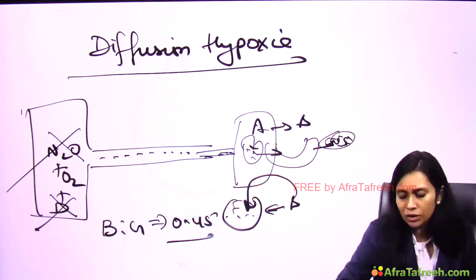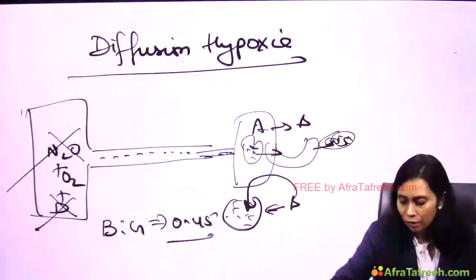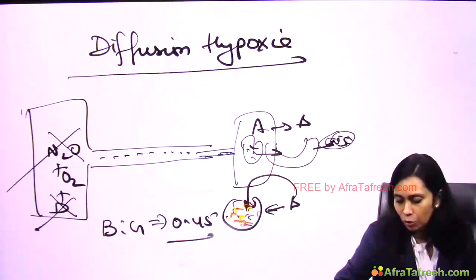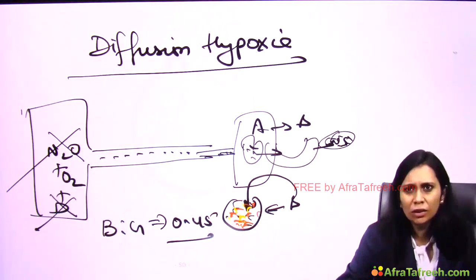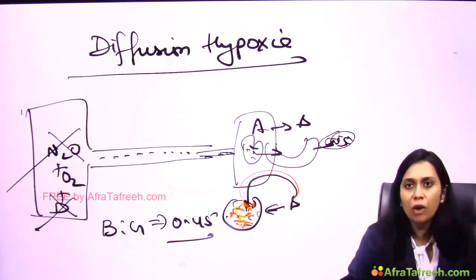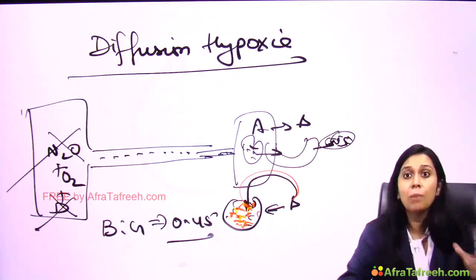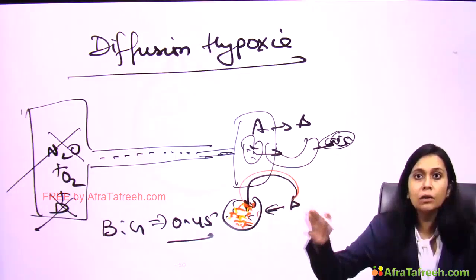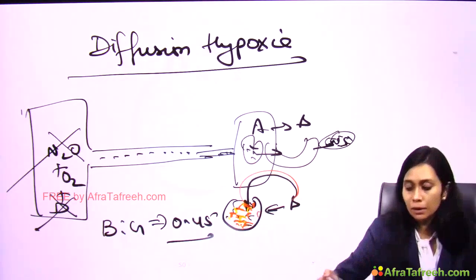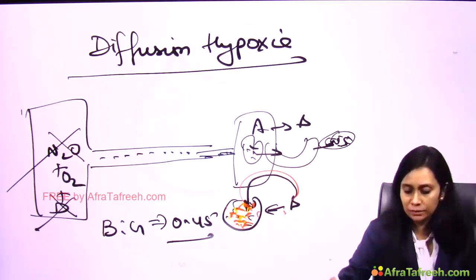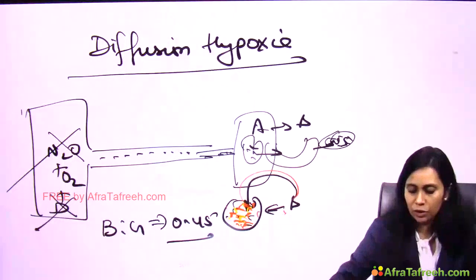Whatever oxygen is in the alveoli, let's say I have 40% oxygen in the alveoli, nitrous oxide dilutes it. The yellow one is for oxygen and the red one is for nitrous oxide. So nitrous oxide from the blood comes and dilutes the oxygen and makes a hypoxic mixture. This is what is diffusion hypoxia: hypoxia due to rapid diffusion of nitrous oxide from blood to alveoli during reversal of general anesthesia. Got it?